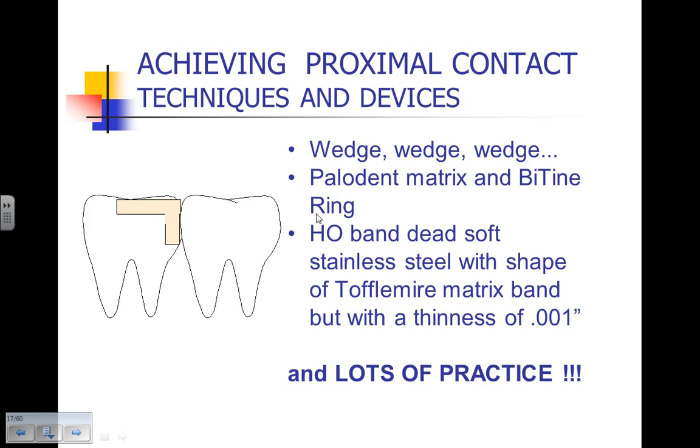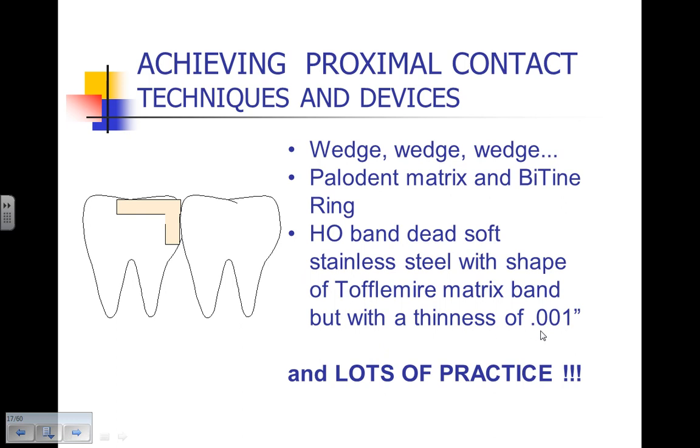We can use separating rings with sectional matrices. We've used the Palodent matrix with the Bitine ring. The ring actually forcibly pushes up against the adjacent tooth, causing rapid separation. We can use a dead soft metal matrix band that looks like a Tofflemire matrix band, but it's much thinner.